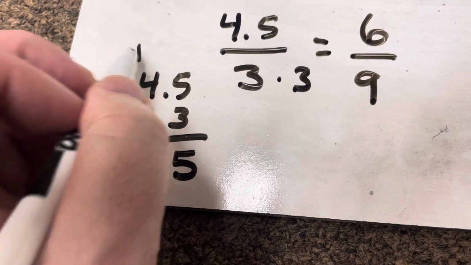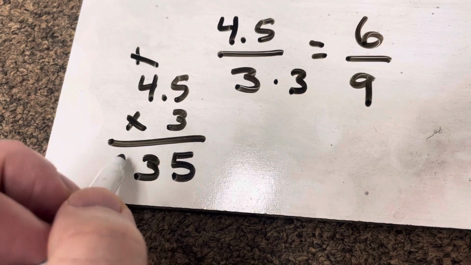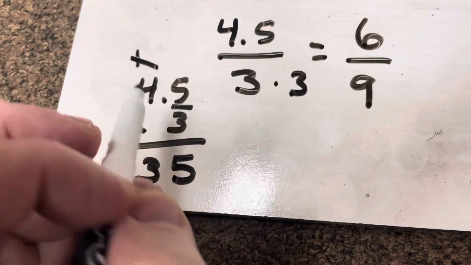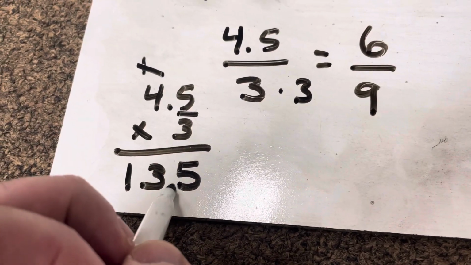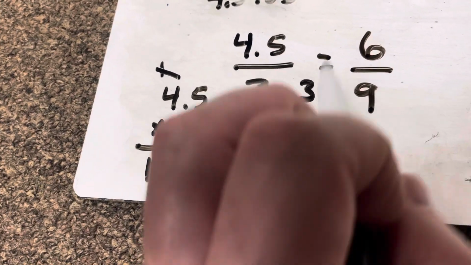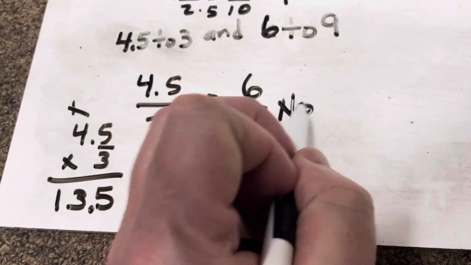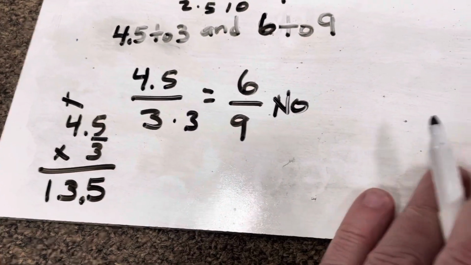Put the 5 down, carry the 1. 3 times 4 is 12, plus 1 is 13. 1 digit after the decimal in the problem, so 1 digit after the decimal in the answer. I would get 13.5, which is not 6.